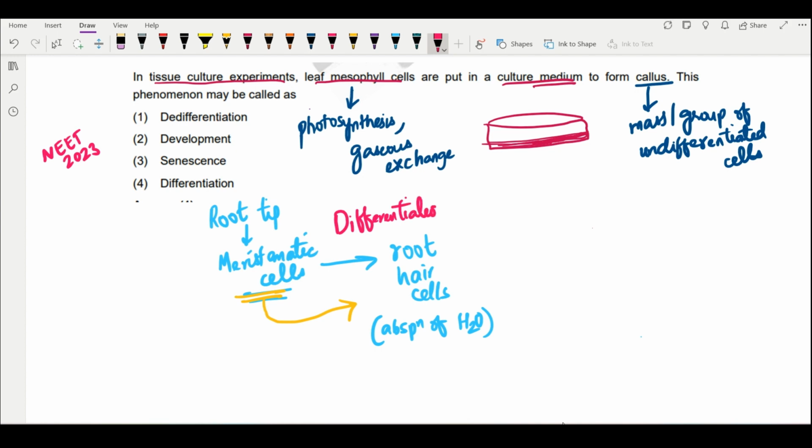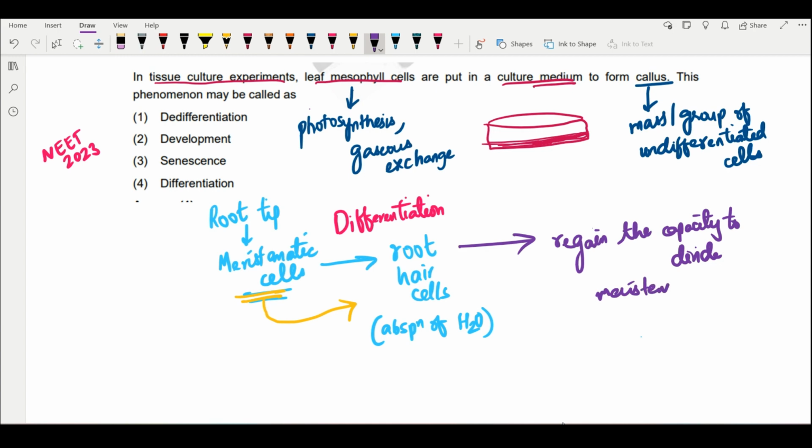The process where meristematic cells get specialized to perform a specific function and lose their ability to divide is called differentiation. Now, when these root hair cells again regain the capacity to divide and are not specialized to perform any specific function, they become meristematic again. That means they have the ability to divide continuously.